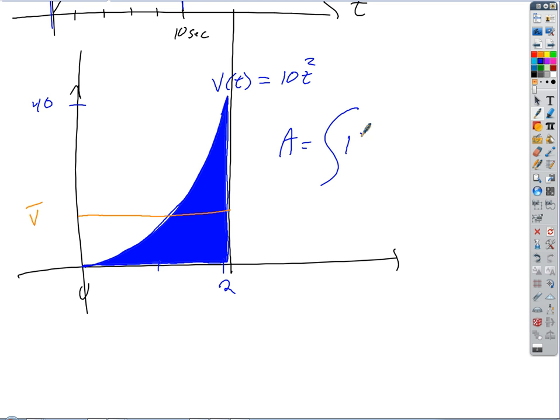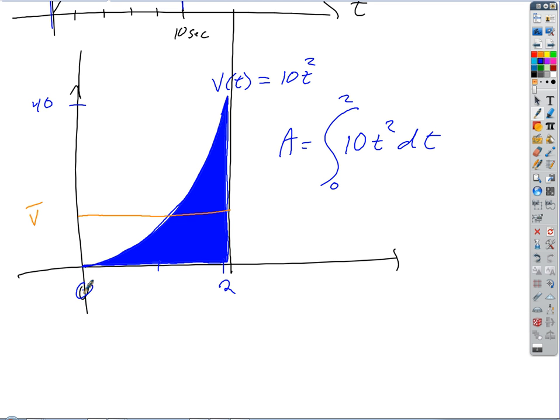And you have to have the dt after. Yep, dt at the end. Equals. Okay, I'm not done. I'm going from 0 to 2. Good. Why? Because those are my values of a and b.